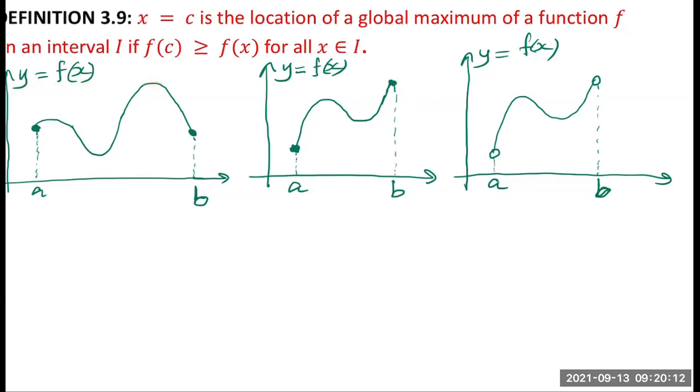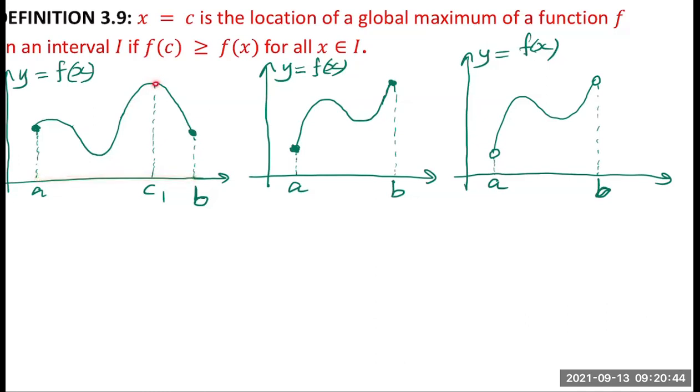So we say that if I take this point to be C1, we have a global maximum at C1. Why do we say it's a global maximum? Because at C1, we have the maximum y value in this entire interval. All the other y values, for example, the y value corresponding to this x value, are less than this y value. This is the highest y value that we can have for all the x values in this interval.